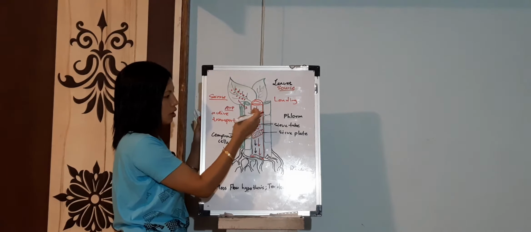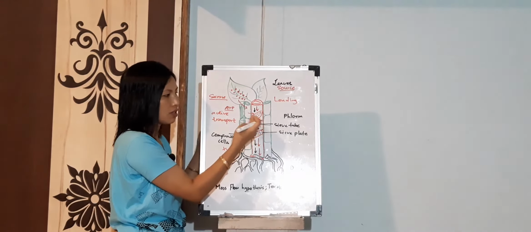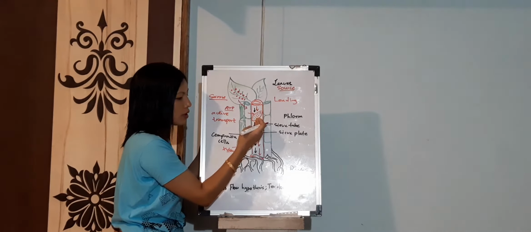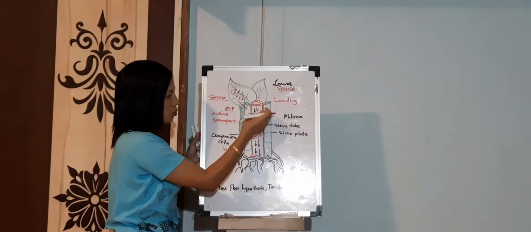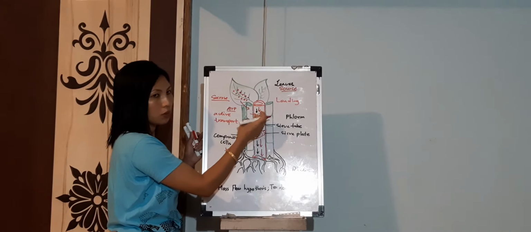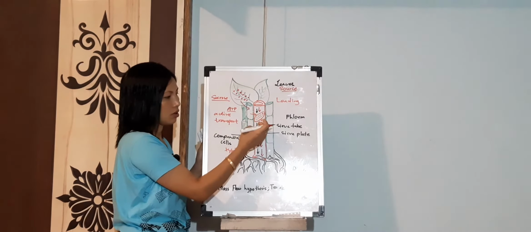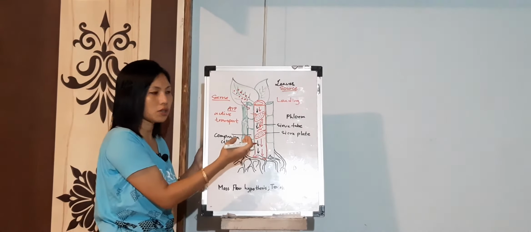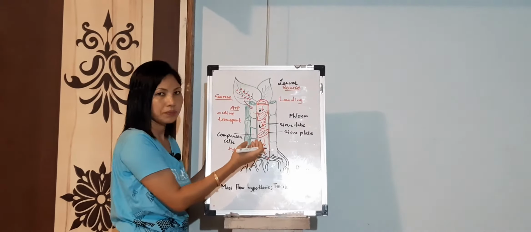So loading of the food from the leaf to the companion cell is by active transport, consuming energy, and secondly it will move passively to the sieve tubes. In the sieve tube, because of this loading of the food molecules, the concentration gradually increases, and it will reach the condition of a hypotonic solution.